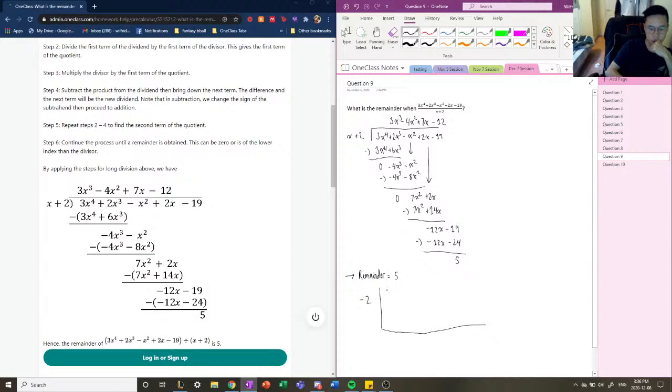And we're going to write the coefficients of our polynomial, which is 3, 2, -1, 2, and -19, okay? What we're going to do here is take our first coefficient, move it down, multiply -2 by it, and add it to our second one, and move that one down, okay?